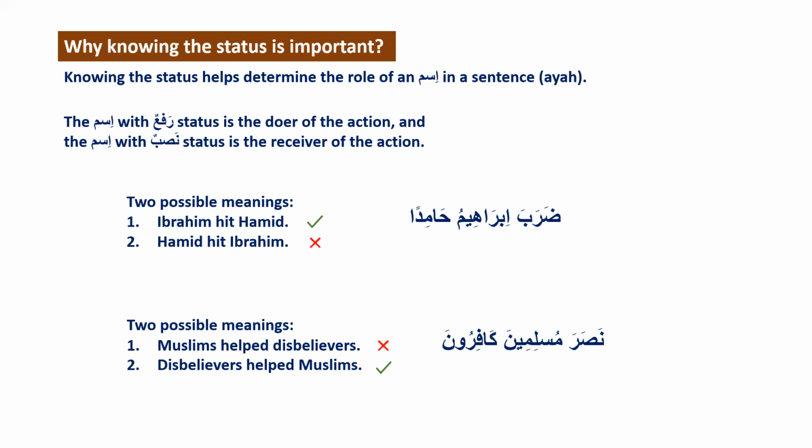So now we know why we wanted to learn about status. If we don't learn how to identify the status, we will be guessing and making errors, and we will not be able to understand Arabic properly. So I hope now it is clear why we are learning about status.